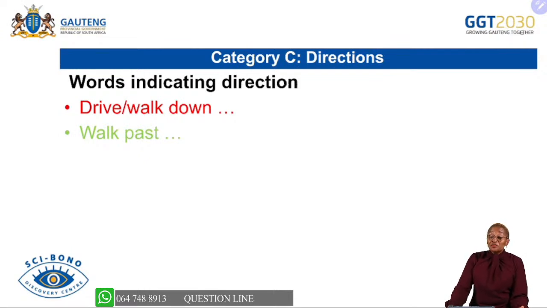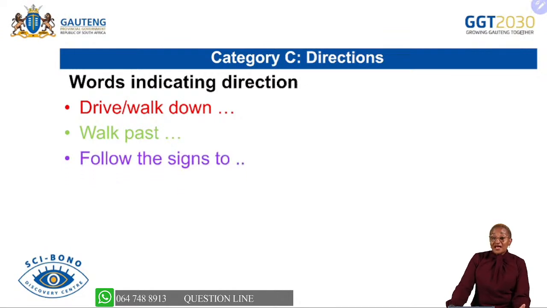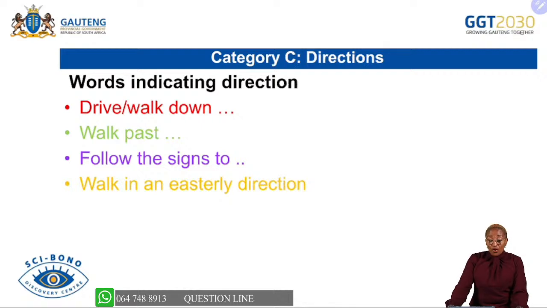That would be a landmark. You follow the sign to KFC. That would also be a landmark. Walk in an easterly direction. Remember the 4 cardinal points? We've got north, south, east, and west. So in this case, you will be using the cardinal points.